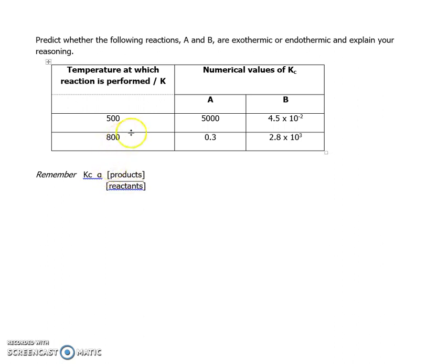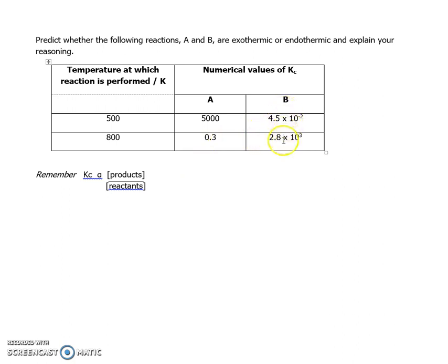If that is the case, then you can work out that the reaction has gone in the reverse direction. So it shifted at a high temperature, it's gone in the endothermic direction, and so therefore the forward direction for reaction A is an exothermic reaction.